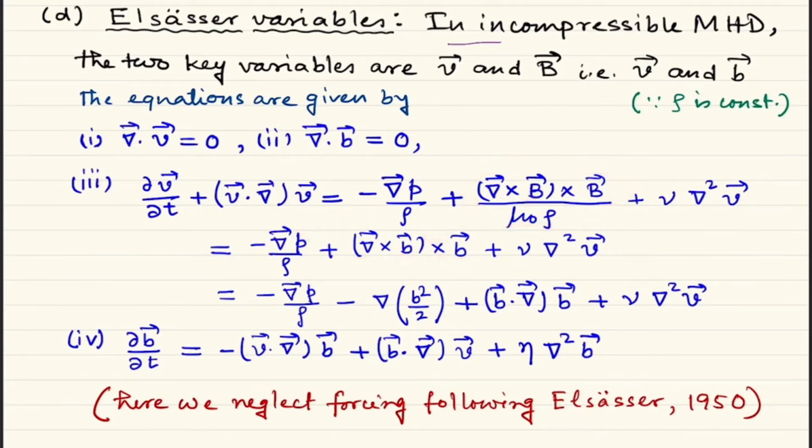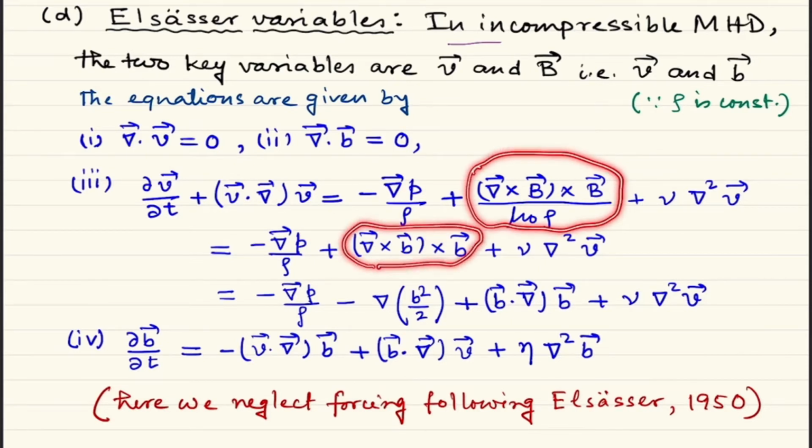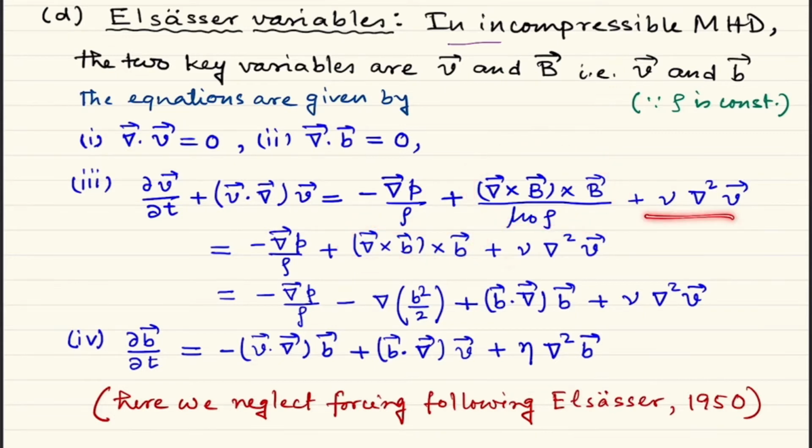Then, plus again the viscous term, and by using the famous vector identity, you can write this as minus gradient of b square by 2 plus b dot nabla b. This treatment we have already seen when we introduced magnetic pressure and magnetic tension right from the Lorentz force.